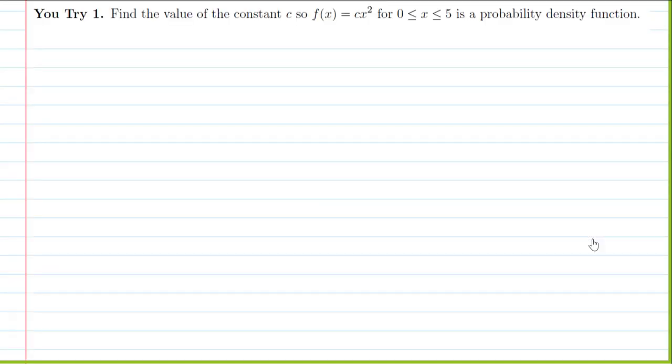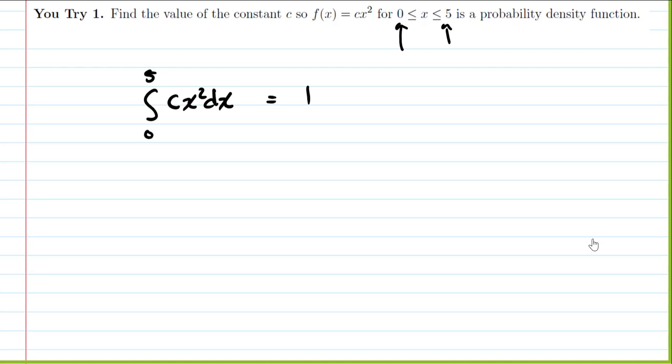All right, so let's go ahead and take a look at this. What will our limits of integration be? What are we going to be integrating in between? Yeah, 0 to 5. So we're going to have the integral from 0 to 5 of c times x squared dx, and we want this to equal 1.